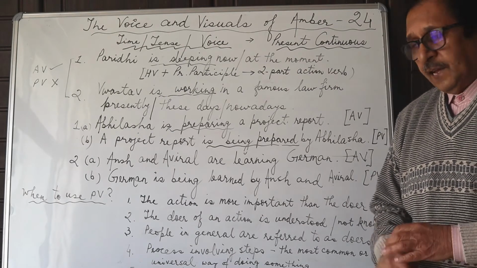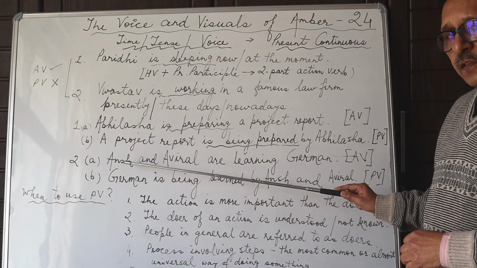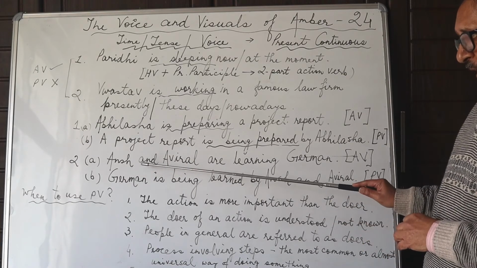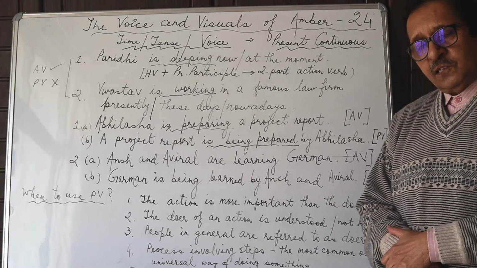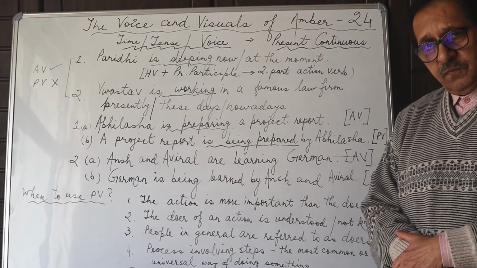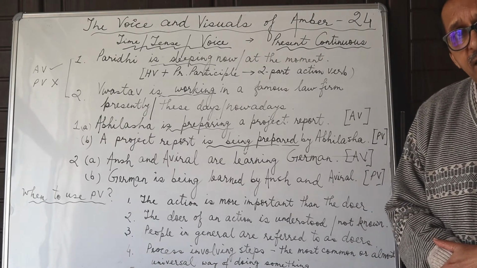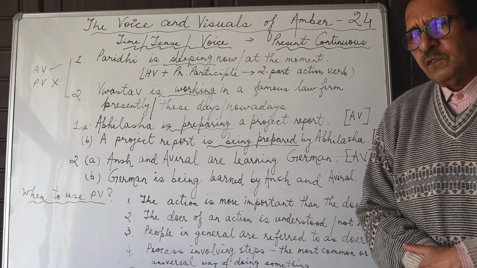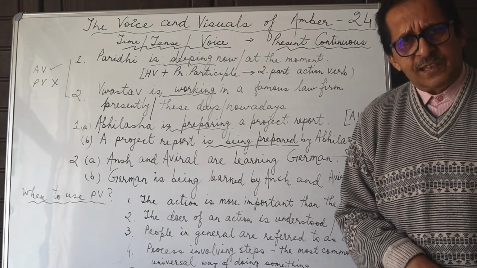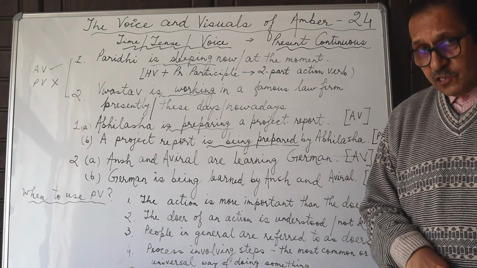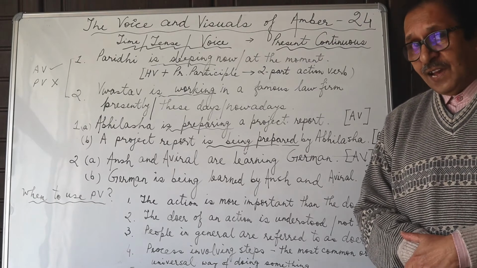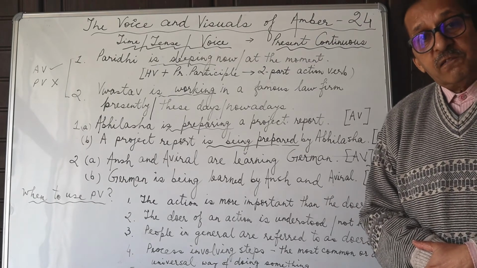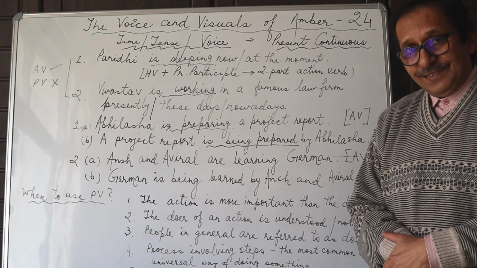So in real life, we need not talk about this particular action being done by Ansh and Aviral in the passive voice. Active voice is always much more natural, and in most cases, I think 90% of the cases, we speak using active voice sentences, we write active voice sentences.